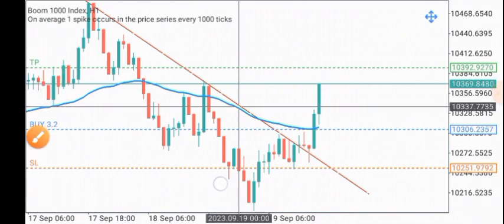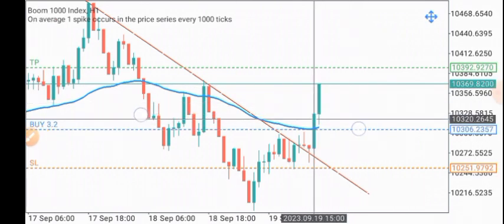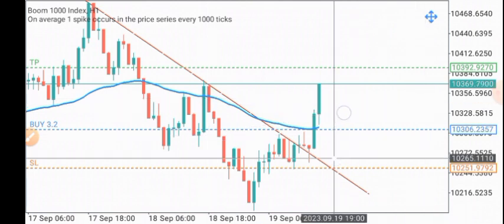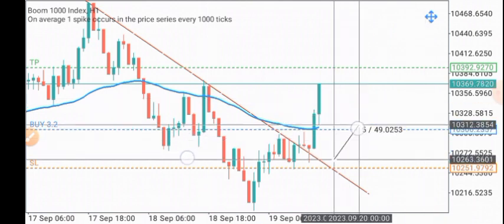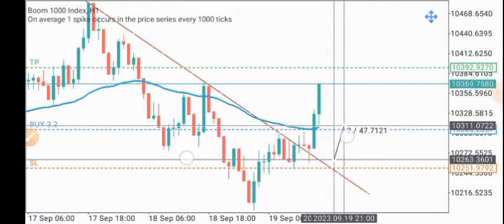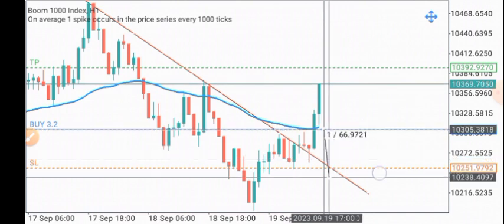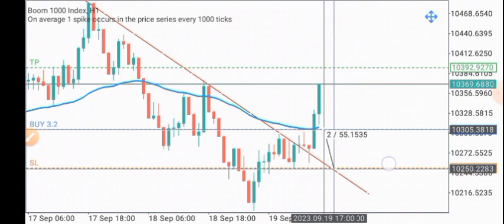So I get it, and then I place it at my entry point. You can use your two fingers to drag it. Just place it at your entry. That's it. This is your entry now. Then drag one part down to your stop loss like this, right?